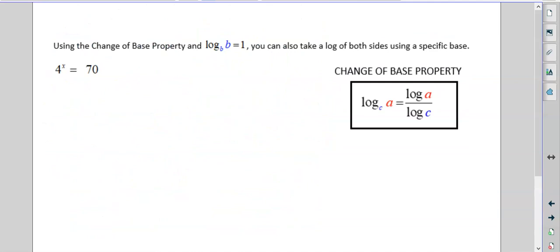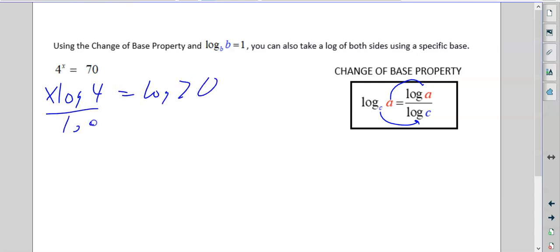Now, we can use the change of base property, okay? And log b of b equals 1, right? So when we have this situation, we can rewrite it with the log of the big number up here and the log of this one down here. So if we look at what we did on the previous page, x goes out in front, log 4 equals log 70, and we would divide by log 4. This is kind of a shortcut.